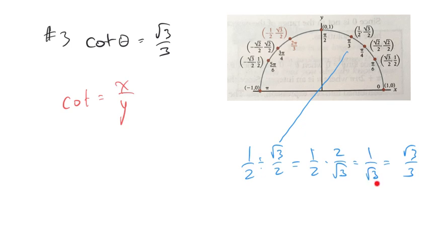I'd get 1 over square root of 3. Rationalize the denominator, and we have square root of 3 over 3. So the answer that you're going to write would be, again, the angle, and then make sure you add plus n pi. All right, I hope that helps you.